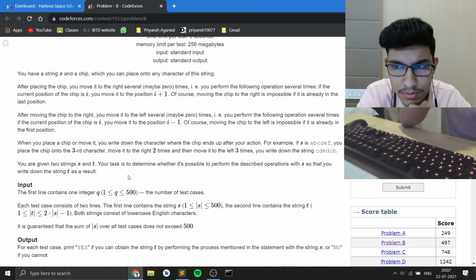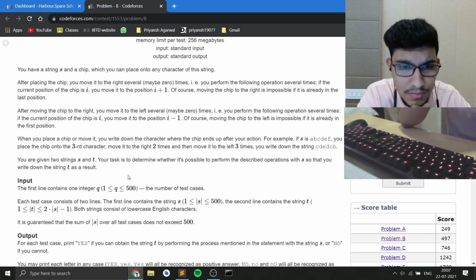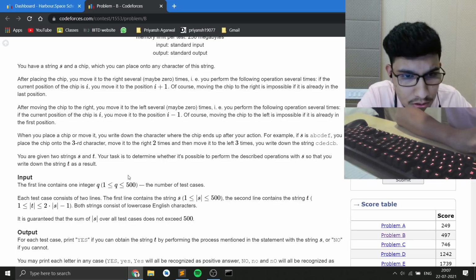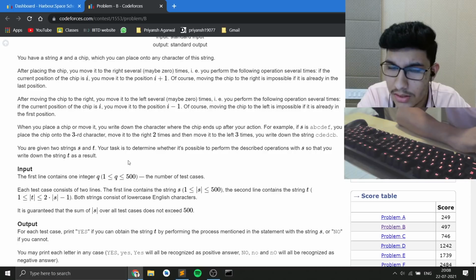You perform the following operation several times if the current position of the chip is i. When you place a chip or move it, you write down the character where the chip ends up after your action.